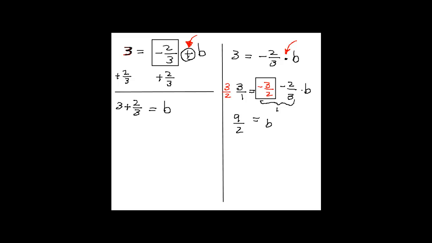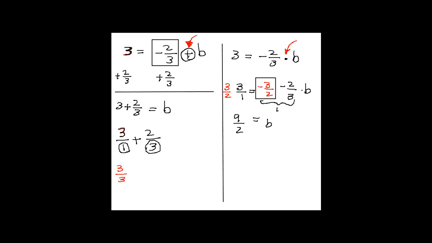Excellent. Okay, so once we get up to this point, then you should know that we have 3/1 plus 2/3, and this is simply adding two fractions, and you should know the LCD is 3, and then you multiply by 3/3, which is 1.